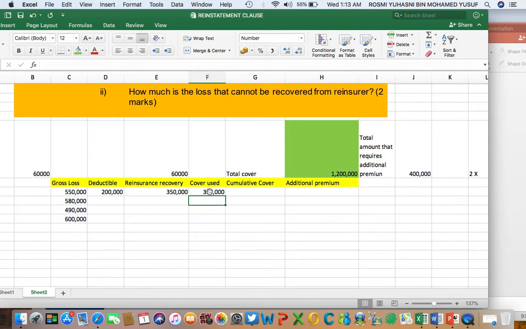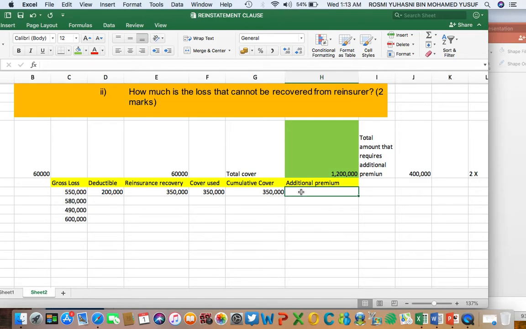Okay, you got it? Cumulative cover, for the first claim, cumulative means the accumulated cover. Since this is the first claim, the cumulative cover is actually the cover used. Okay, additional premium paid. Let's say the treaty requires additional premium pro rata to the amount, so it doesn't require unexpired period.